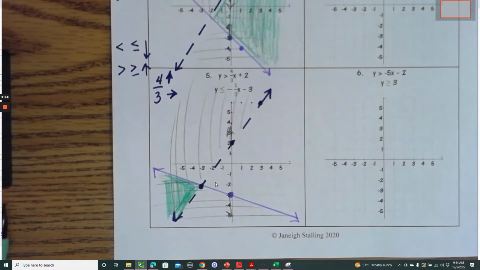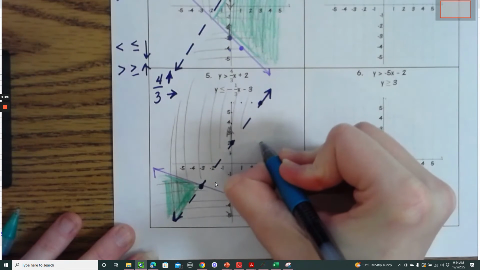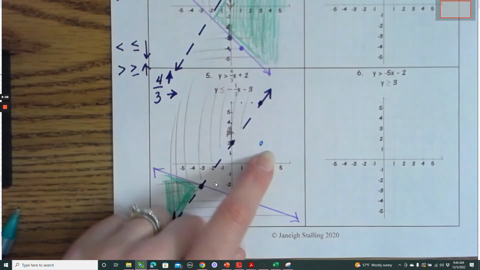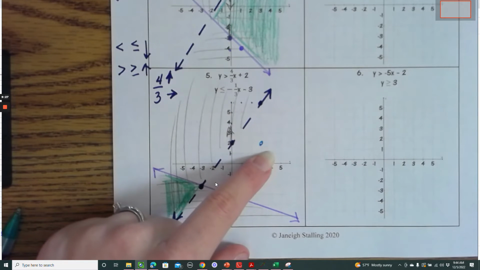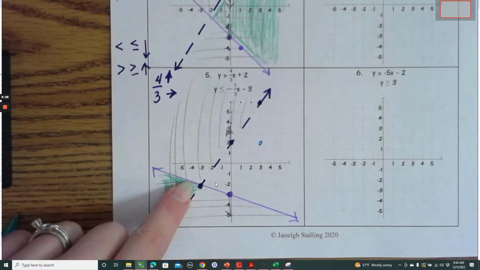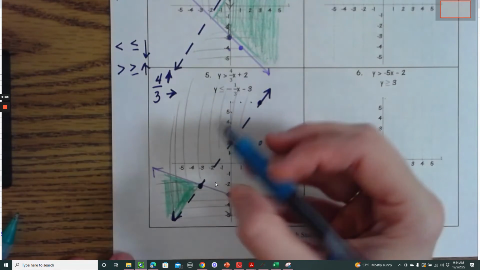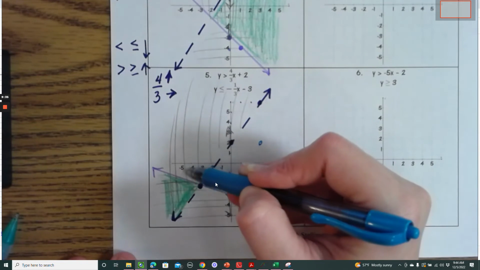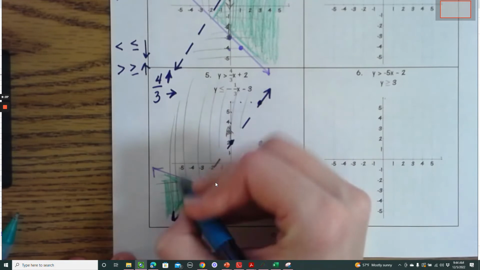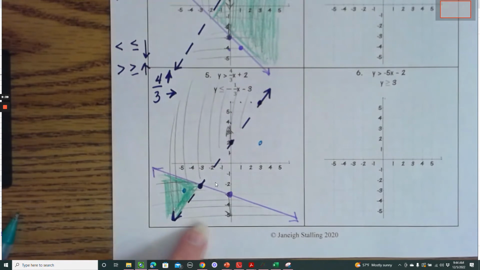And so sometimes these questions will ask you, is the point, let me pick one that's not, 3, 2, this point here, is it part of the solution? If it's not in that shaded area, it's not part of the solution. Okay? Another one might say, is the point -5, -3, which is right here, in the solution?